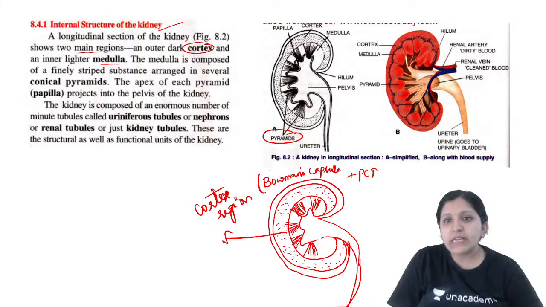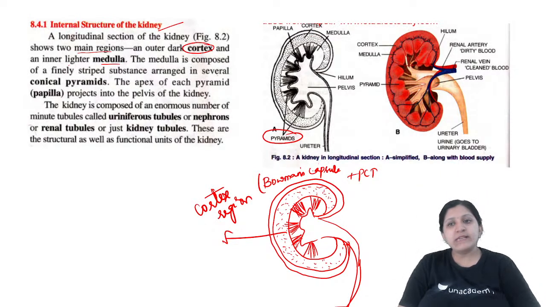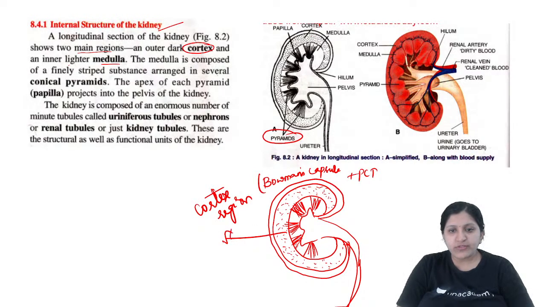Basically Bowman's capsule and PCT give this particular appearance. It can be DCT also. All these we can find in the cortex region. Now in the center, what you find here is actually the medullary region. So this is the medulla.